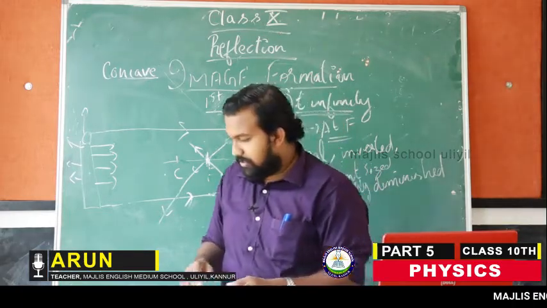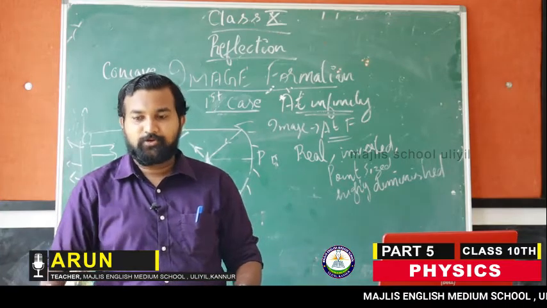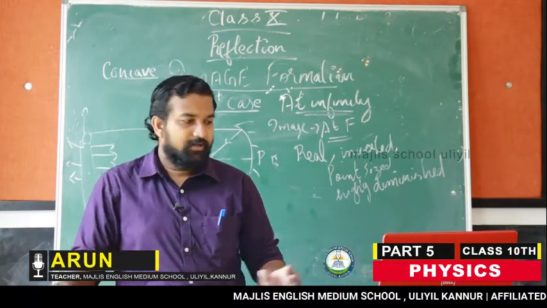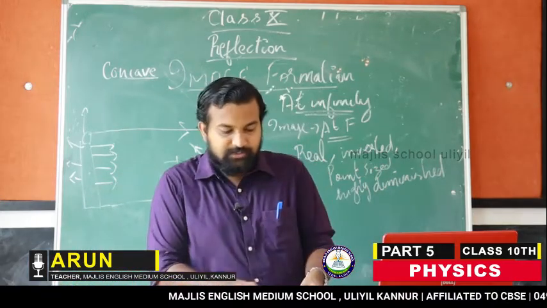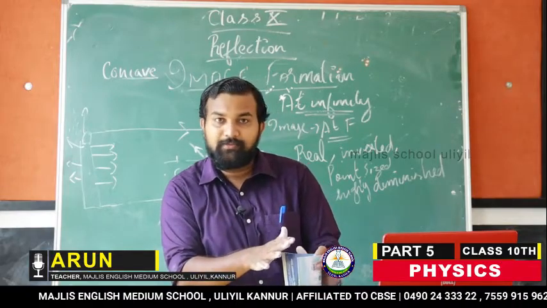For example, if the candle is kept over here, and let this be the concave mirror. This is not this big, but I am explaining it to help you understand.